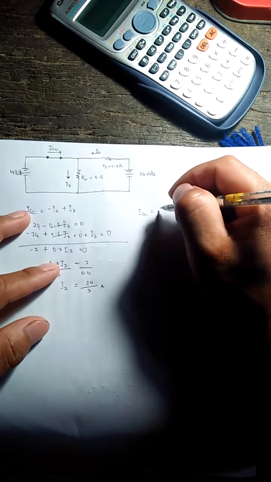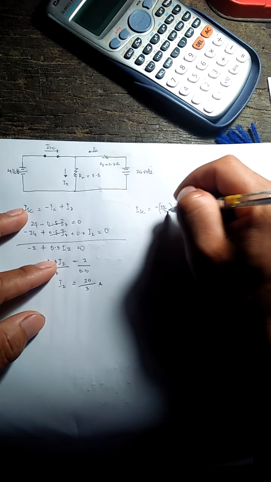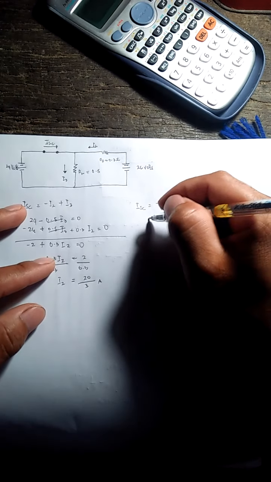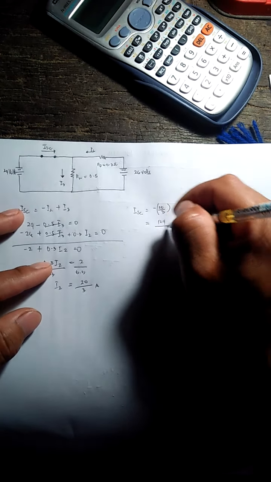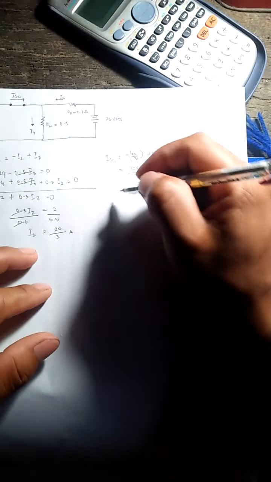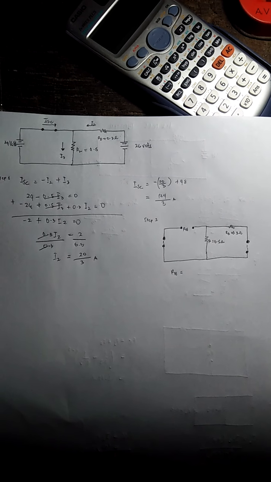So we can now solve our ISC, which is equal to negative 20 over 3 plus 48. So 124 over 3 ampere. This is our ISC. So redraw again. We have now our ISC.